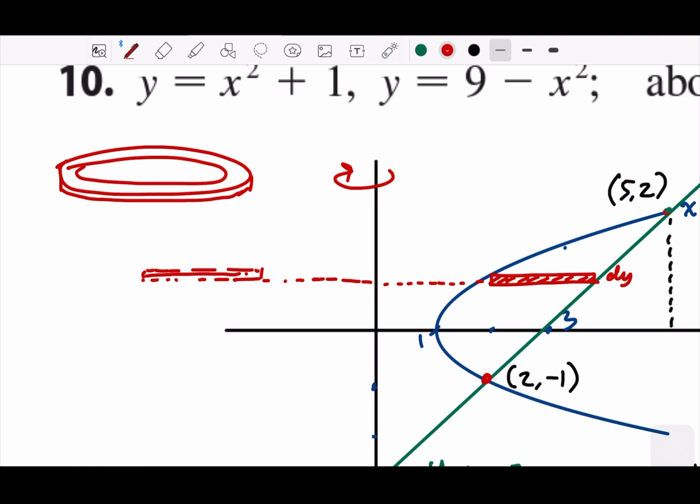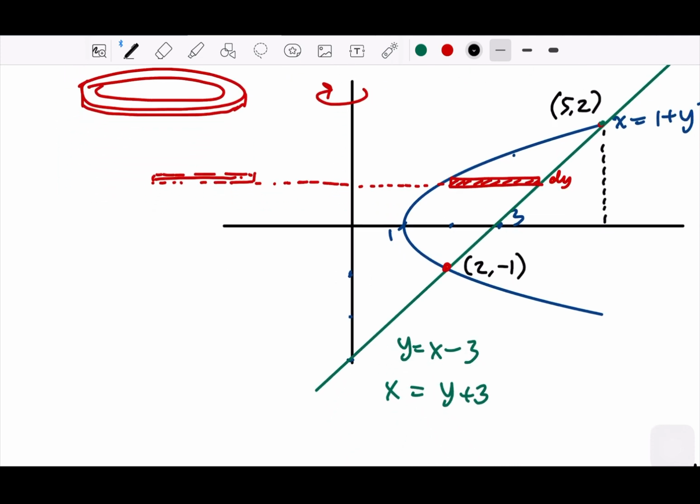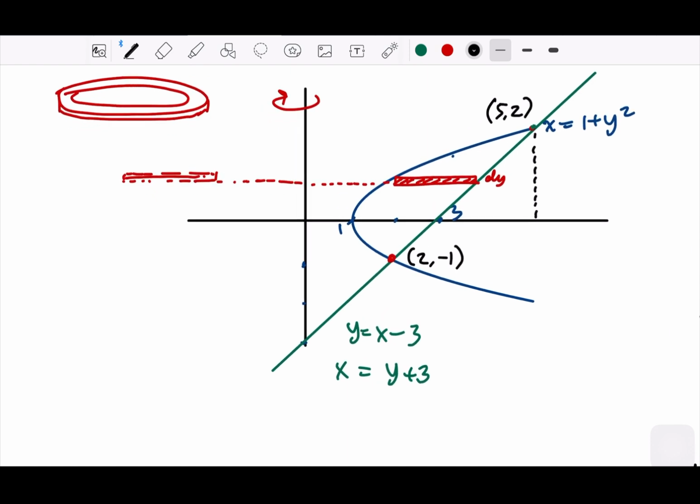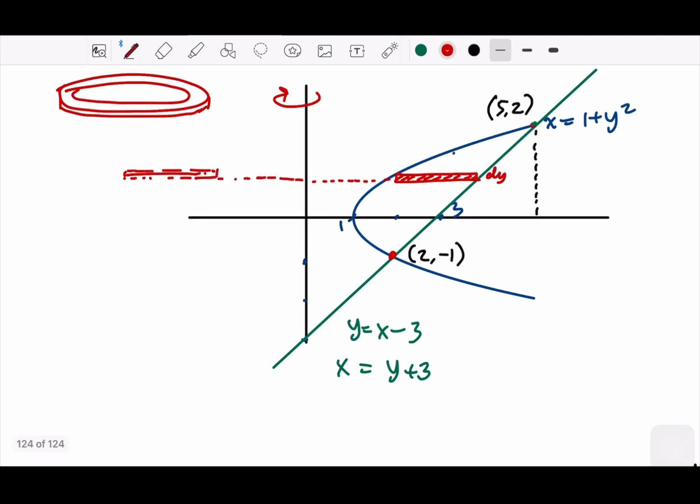Let me write. The right equation, or the outer one, will be y plus 3, this one.